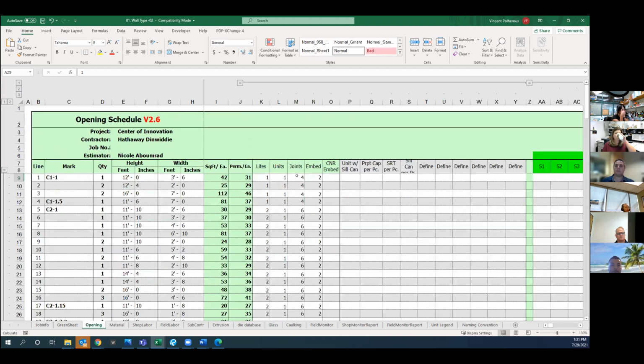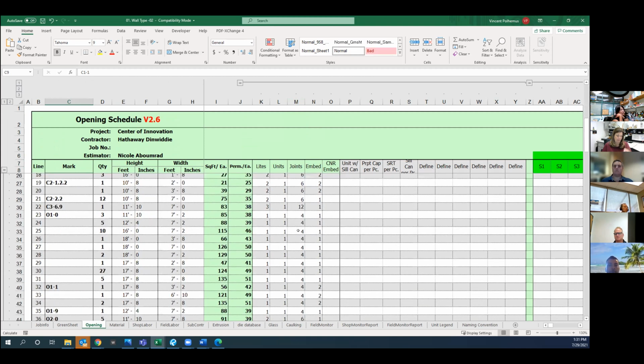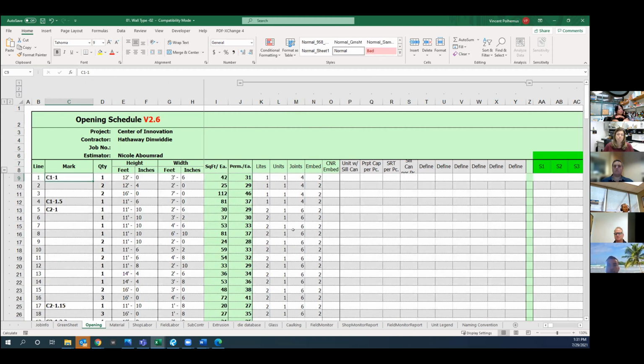If I go back to my opening schedule, there was a column for joints. Nicole had gone through here. This is a C1, it's a 1 light unit. It has 4 joints, because it's just 1 piece of glass, there's 4 corners. That unit has 4 joints. She's listed out how many joints are in all these different types of units.